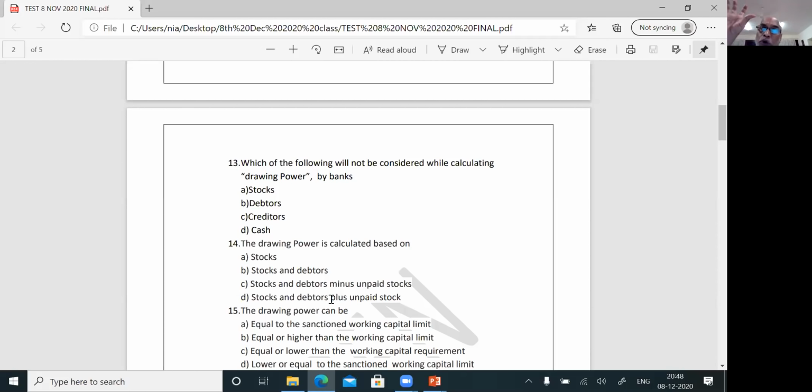Suppose you have a stock and there is a sundry creditor. In the balance sheet, inventory is there, and sundry creditor is also there. What is a sundry creditor? You have purchased the stock and you have not yet paid the money. So if 100 lakhs is the stock, you should not calculate your DP on the entire 100 lakhs.